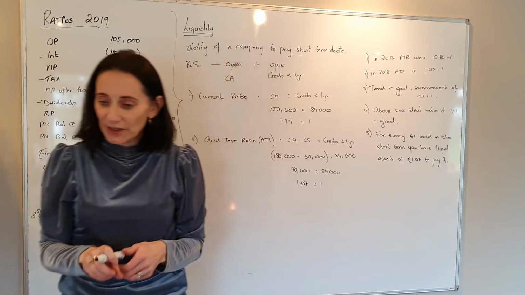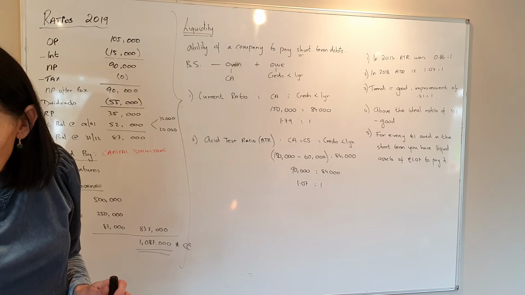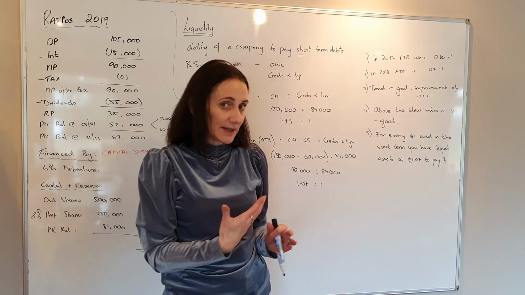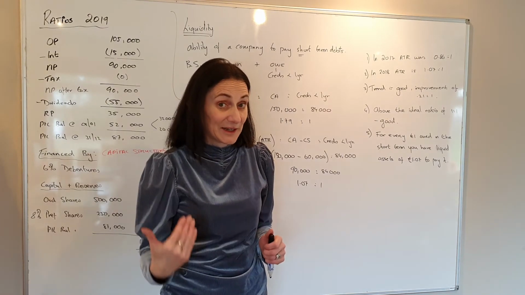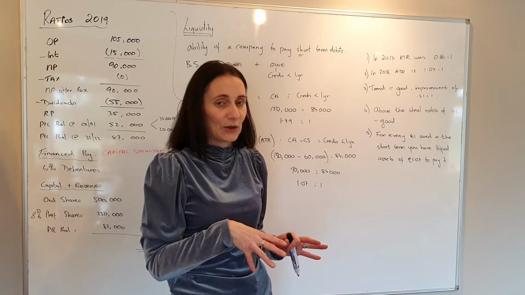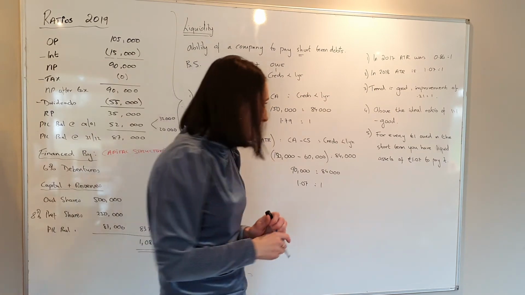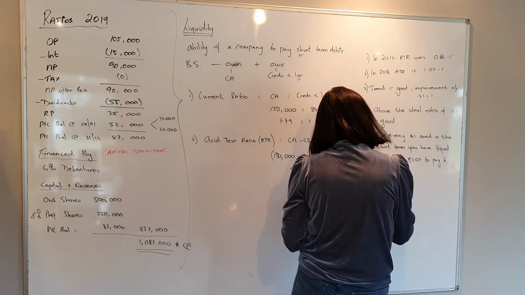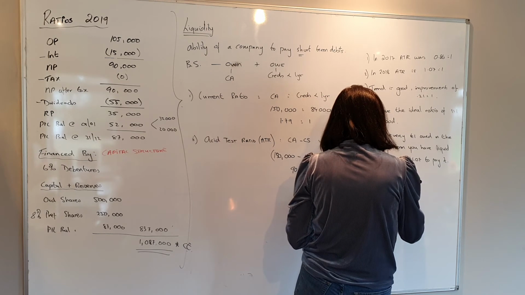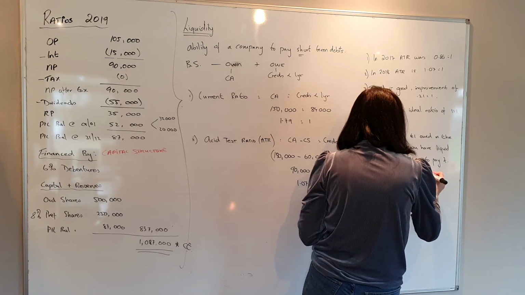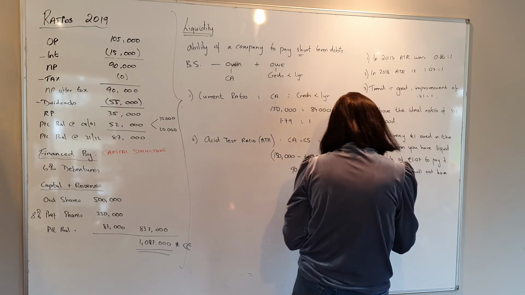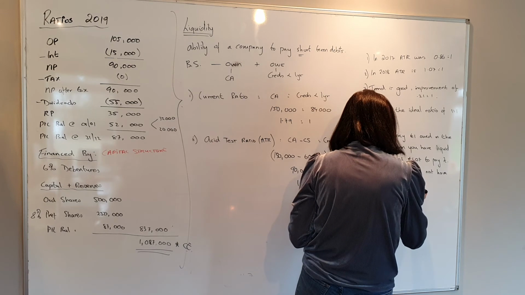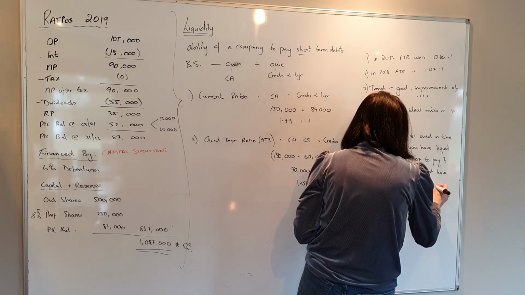Now the other thing that you need to talk about with your liquidity, if it's from a shareholder's point of view, they're interested in liquidity because they're interested in their ability to pay dividends. If it's from a debenture holder's point of view, they're interested in your ability to pay the interest. So I'm going to put both of them down here. This company will not have problems paying dividends and interest.